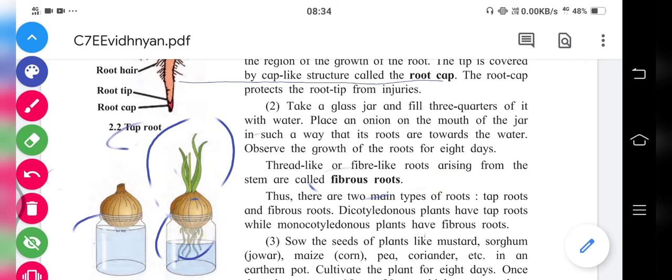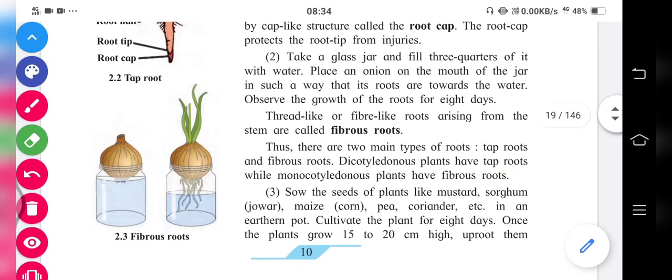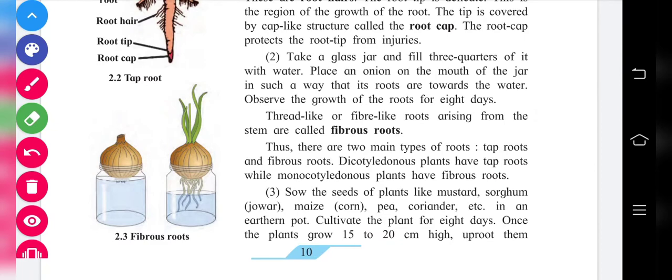Thus there are two main types of root: tap root and fibrous root.